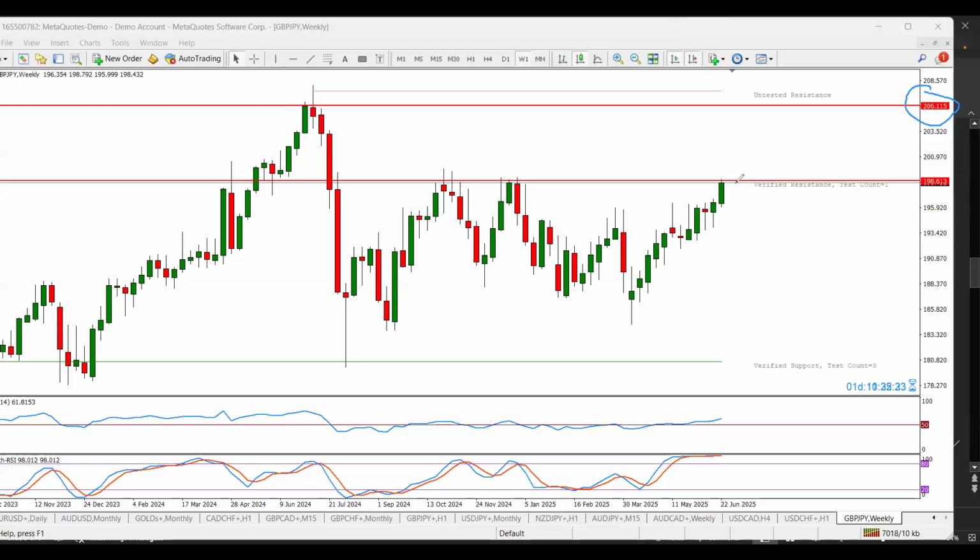But currently, this is where the market is at right now, and there is a resistance there. This resistance is on the weekly time frame. So I want to ask, a resistance on a weekly time frame, do you think it is a strong resistance?